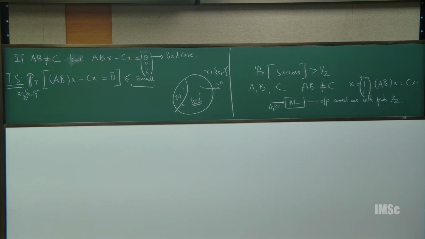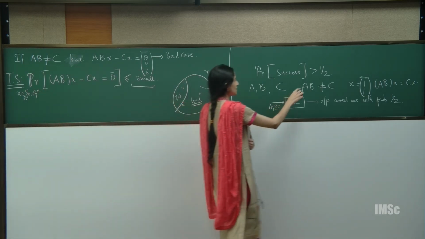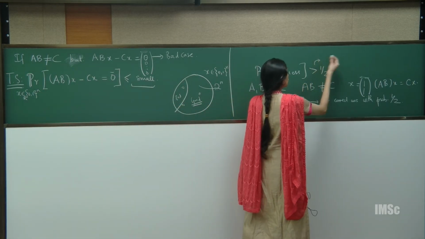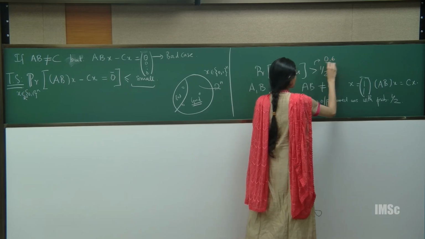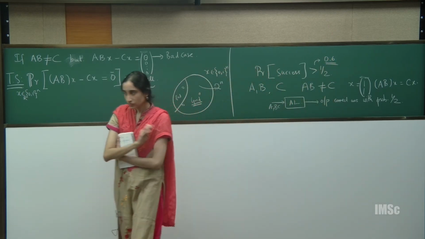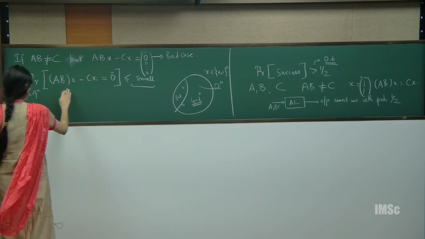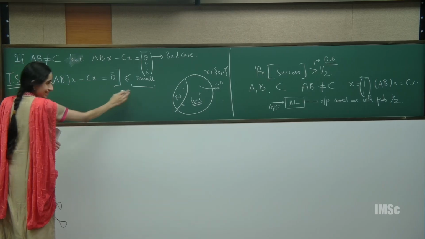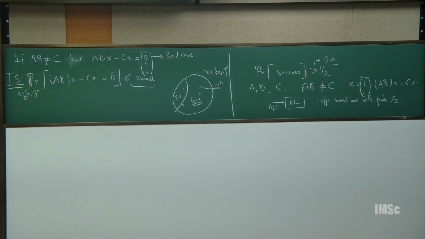So the probability of success should be greater than half. That is what the challenge is. Equal to half is easy. To get from there to non-trivial, for example 0.6, that's what is hard. Whatever we are saying, small means it should be strictly less than half. So the probability that the algorithm is right is strictly greater than half.